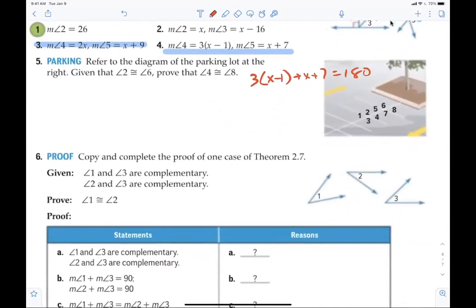We're not going to do the proof for number 5. We're just going to try to read through it. So we know that 2 is congruent to 6. So let's highlight 2, and let's highlight 6. Those are congruent. And then it says 4 is congruent to 8.